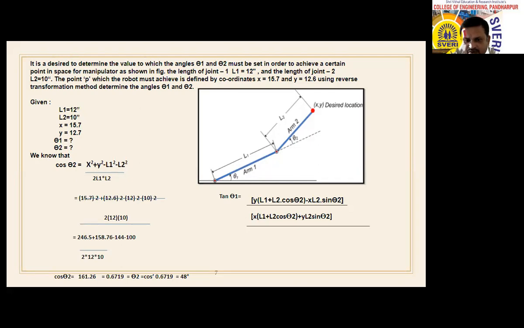Therefore, substitute the values and you will get angle theta 1. tan theta 1 is equal to (15.7 into (12 plus 10 cos 48) minus 12.6 into 10 sin 48) divided by (12.6 into (12 plus 10 cos 48) plus 15.7 into 10 sin 48). Therefore, tan theta 1 we are getting as 0.515. Therefore, theta 1 is equal to tan inverse of 0.515.